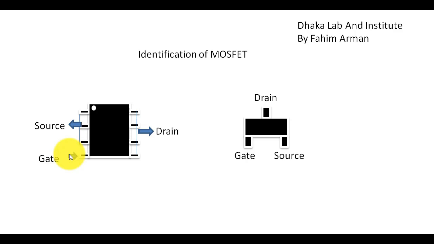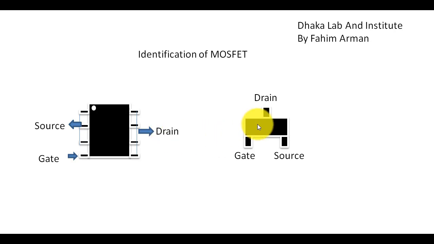So you can say that this is number 1 pin; 1, 2, 3, these pins are source, and number 4 pin is gate, and 5, 6, 7 and 8 pins are drain.